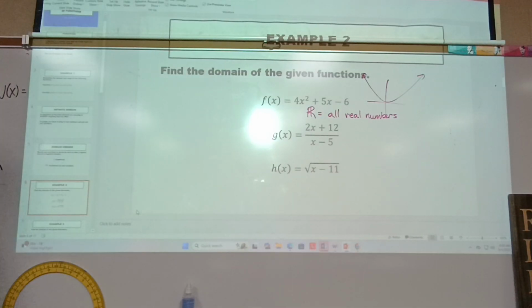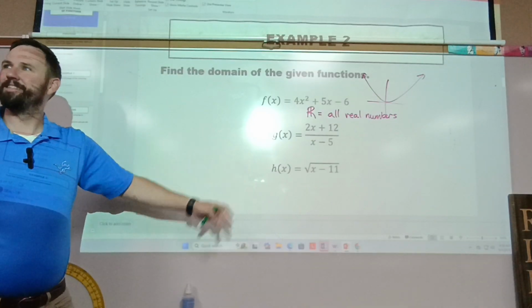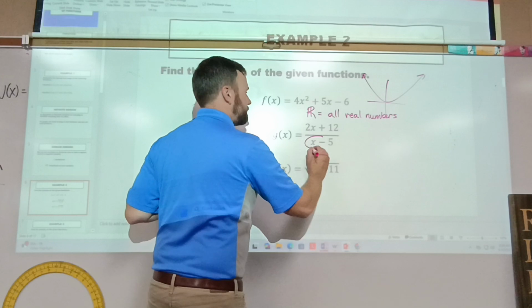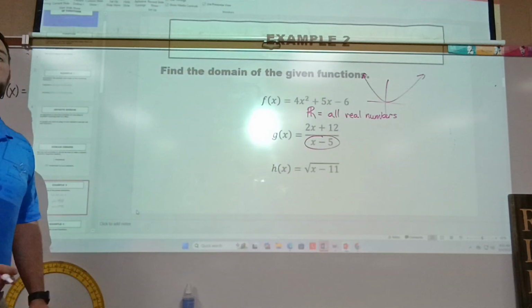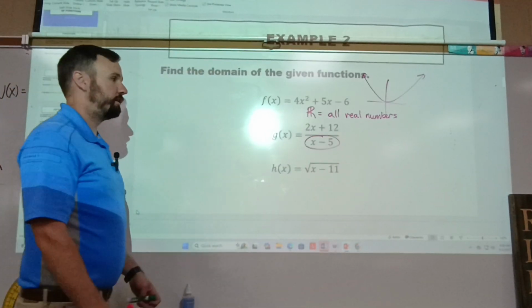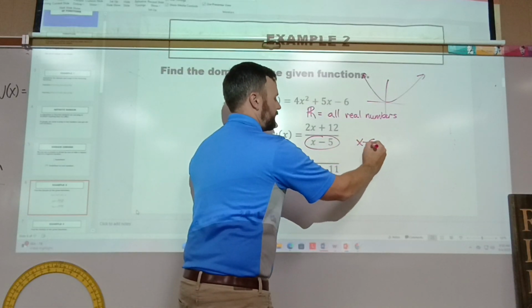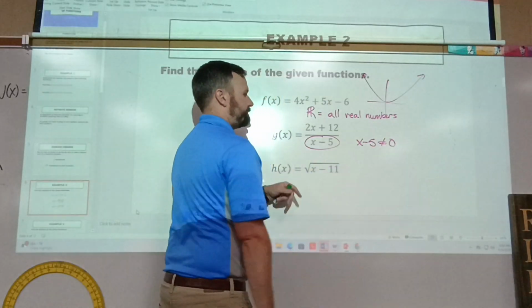And they're right here. If I have a bottom, what can it not be? 0. So whenever you have a bottom, you say that can't be 0.